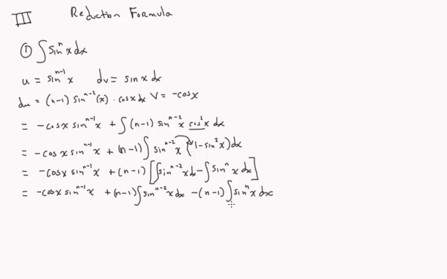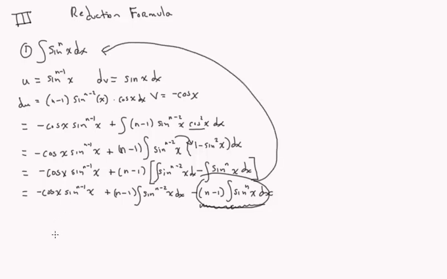Where do I go from here? Well, I'm happy to have this sort of repeat itself. Feels like I'm in an infinite loop, but if you remember, I add this to both sides, so I'm going to add this quantity here to the other side.